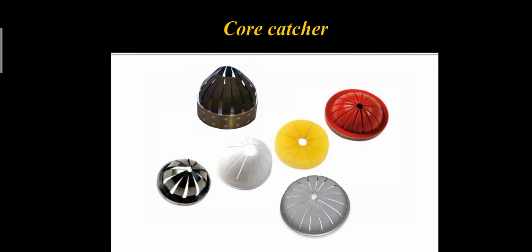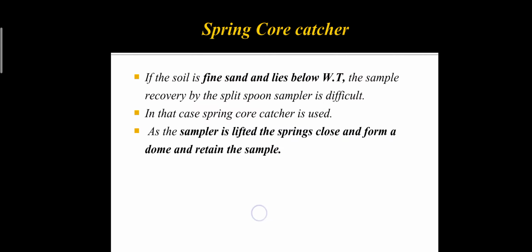Spring core catcher only collects the soil samples and leaves the water outside due to the openings. So this is used for collecting samples which are below the water table. That is the main use of spring core catcher.